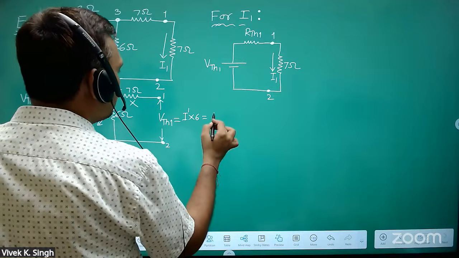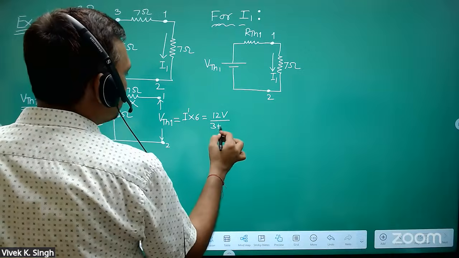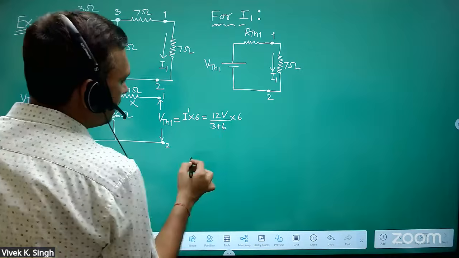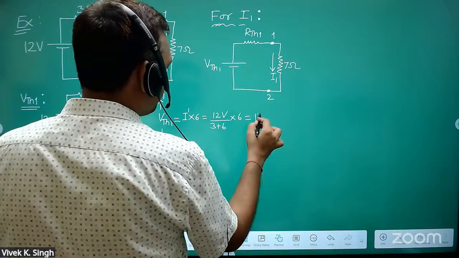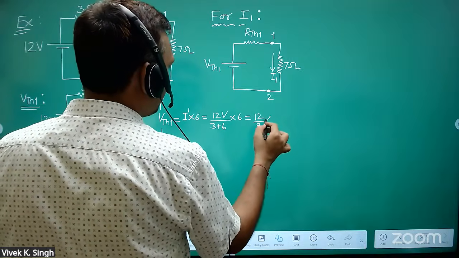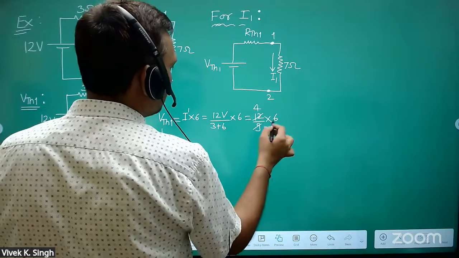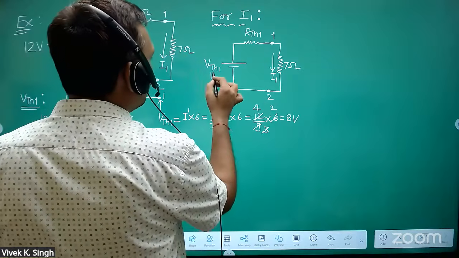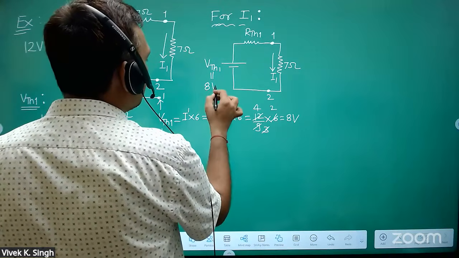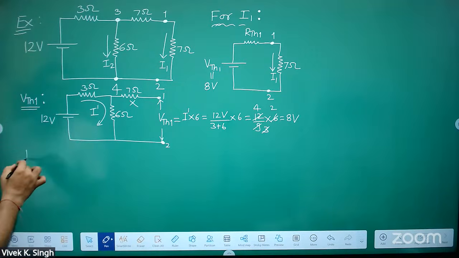And I dash is 12 volt by 3 plus 6, into 6. And that will be given by 12 by 9 into 6. So this is 8 volt. So you will get this as 8 volt. Okay?